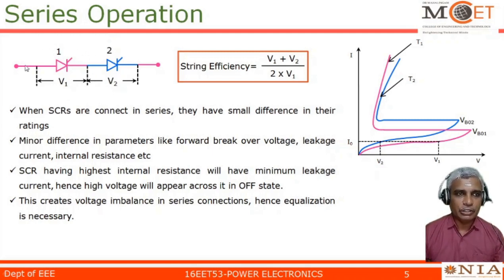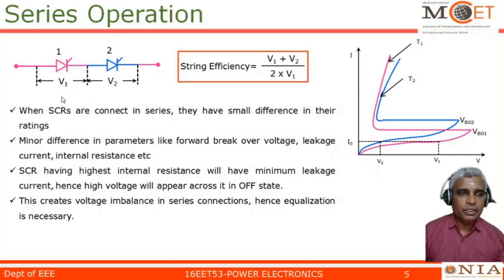Then the string efficiency of this total string, both the SCRs together is what we call the string, is calculated by the voltage withstanding capability of SCR1 plus SCR2, that is V1 plus V2, divided by the total number of SCRs in this string, which is 2, times the voltage rating of one SCR. It can be either V1 or V2 here.